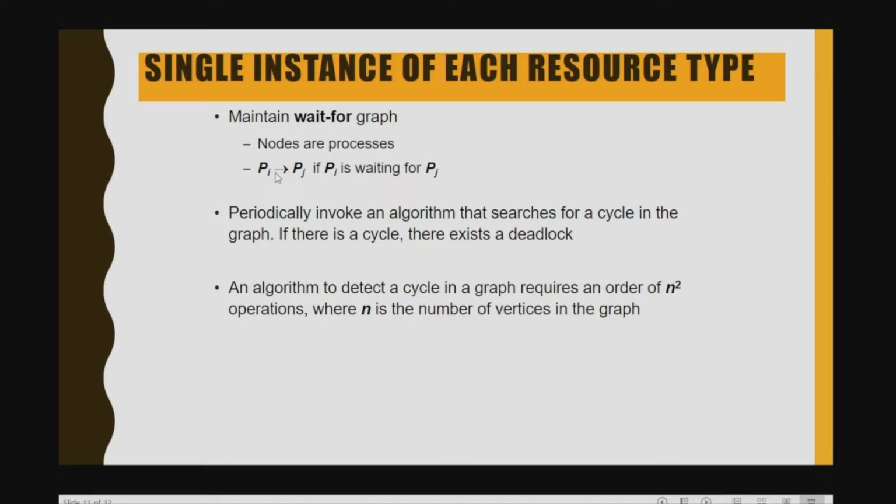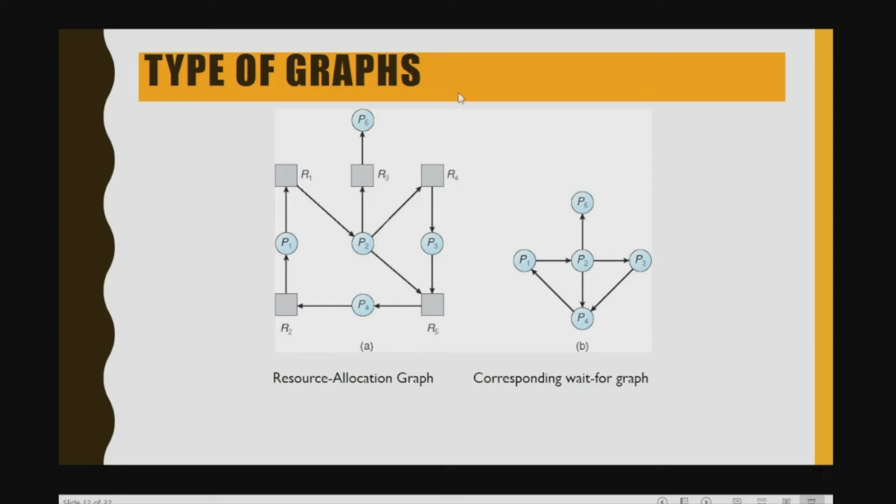Pi is waiting for Pj, so process i is waiting for process j. Process 1 is waiting for process 2. Process 2 is waiting for process 3 and process 5. Process 3 is waiting for process 4. Process 4 is waiting for process 1. So you look at here, it is a cycle. We want to detect the cycle in this wait-for graph.